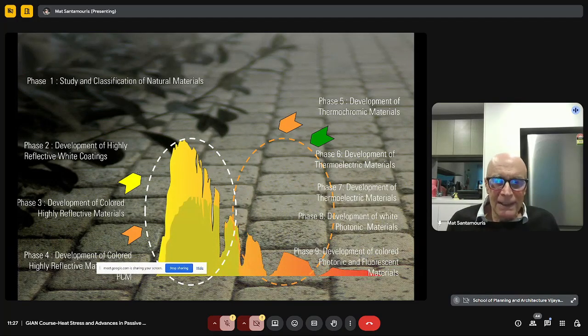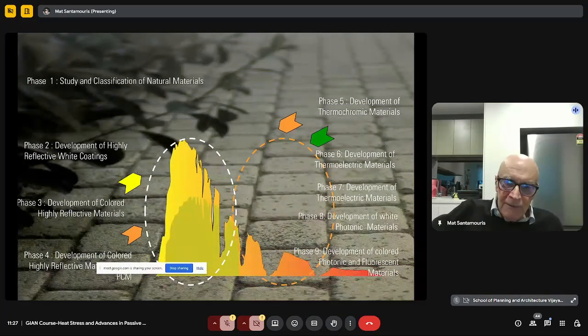How is this done? By increasing the reflectance in the infrared. As I told you, we have the visible part where 50% of the radiation is, and the other 50% is in the infrared. A black material has a very high absorptivity in the visible. You can't change that. If you change that, you change the color.